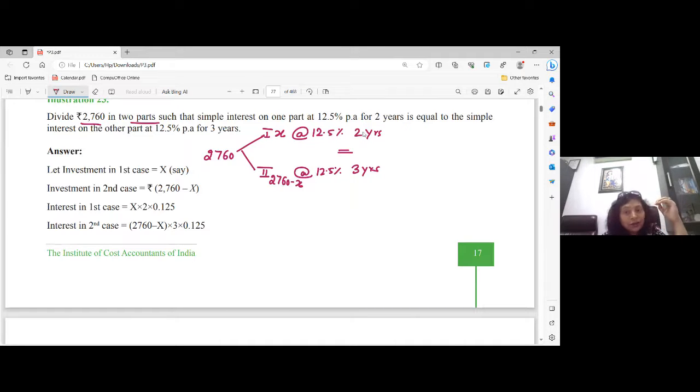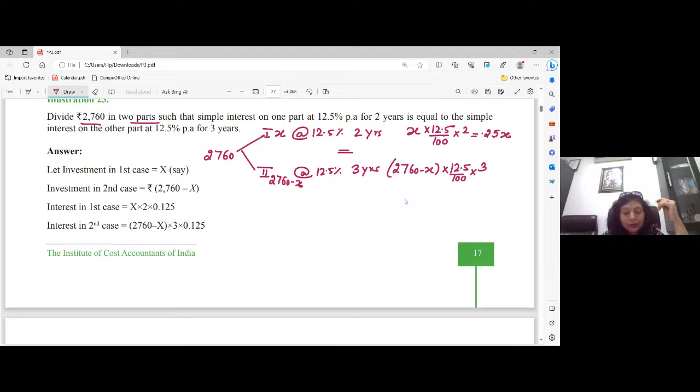The thing is this, in this case, you have to clearly define what are your different parts. Now, suppose my first part is X, then that means the second part is 2,760 minus X. Now, simple interest on first part is X into 12.5 upon 100 into 2. So that becomes 0.25 X. And in second case, 2,760 minus X into 12.5 upon 100 into 3.